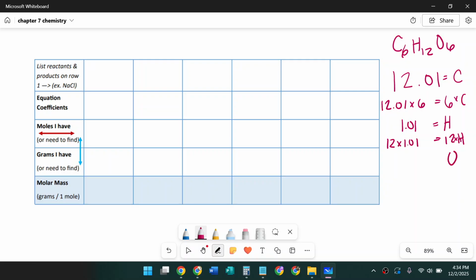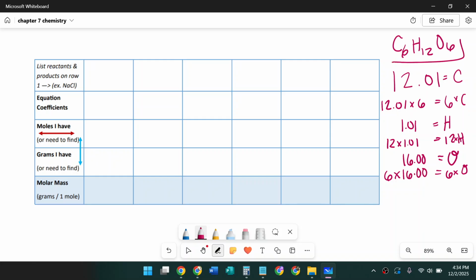And then I could repeat that with oxygen. A single oxygen is 16.00, good, I need to make sure I'm not rounding these wrong because I'm doing these out of my head. And yeah, got all those right. So if I want 6 of those oxygen, I'm putting a little curl on my O so it doesn't look like a 0, then I would need to multiply 6 times that.